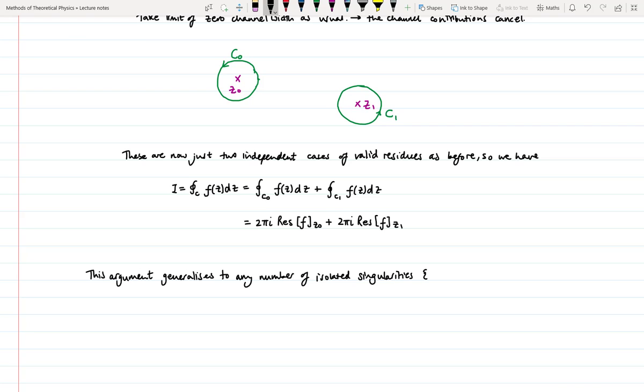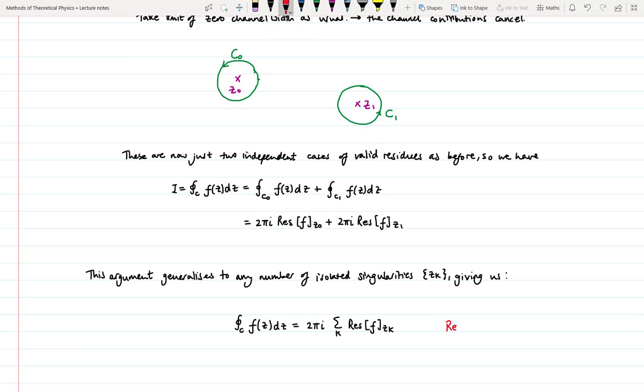Let's denote them as a set of points zk. As a result, we can write that the integral along a contour C that encloses these singularities labelled zk is going to be given by 2 pi i, the sum of the residues at all of the enclosed singularities zk.